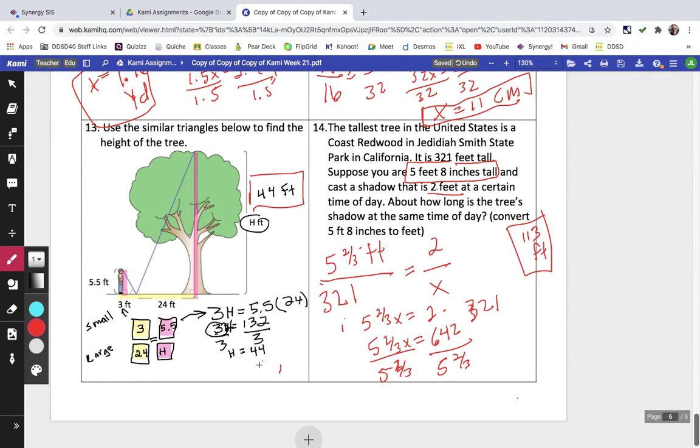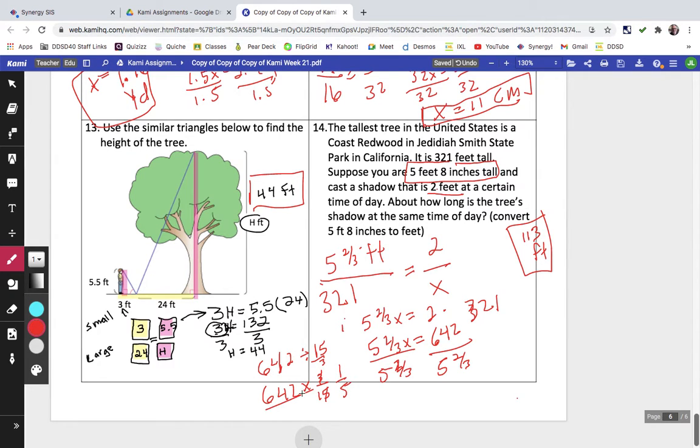So 642 divided by 15/3. That's the same as 642 times 3/15. We could simplify this to 1/5.